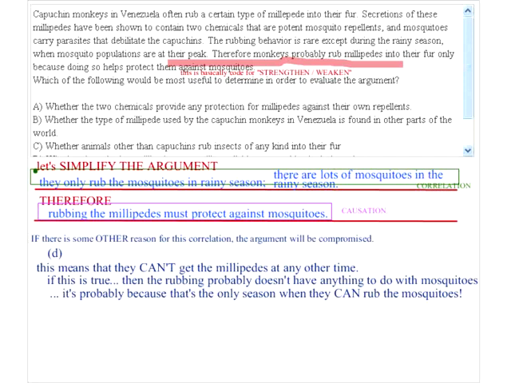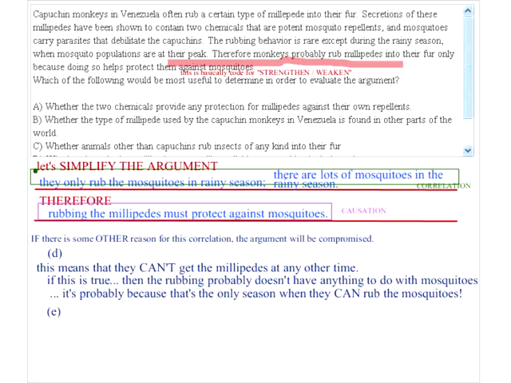Let's look at choice E in the same regard. Whether secretions of any other insect contain chemicals that repel the mosquitoes. Well, let's see what this does.